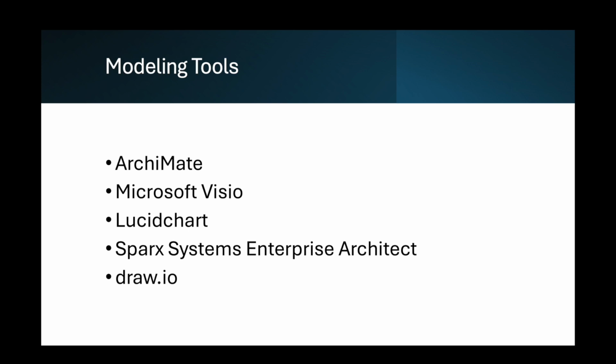These tools are crucial in both the design phase of software development and in the ongoing maintenance and evolution of systems. In this particular video, the key modeling tools that we will be looking at include ArchiMate, Microsoft Visio, Lucidchart, Sparx Systems Enterprise Architect, and Draw.io.